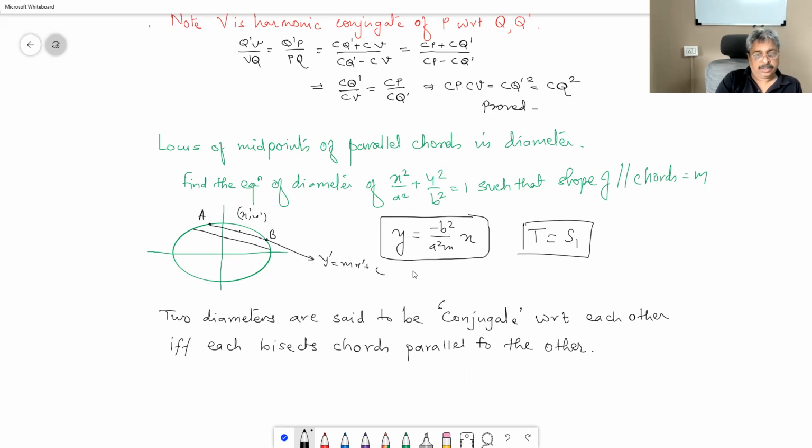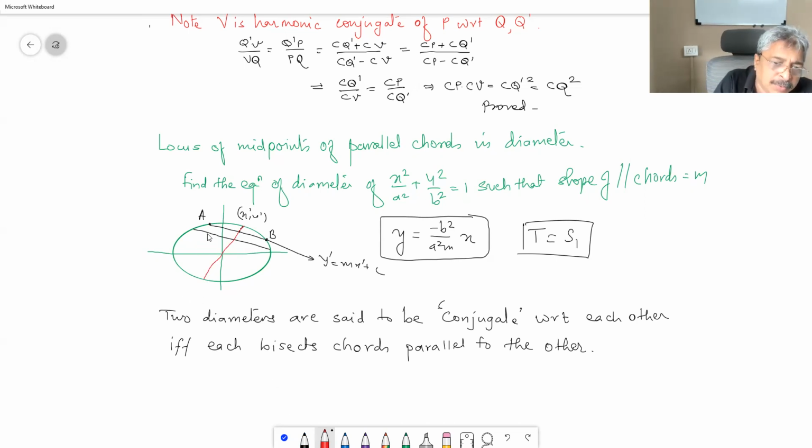So now in this diagram, suppose my diameter is the locus of midpoints, which happens to be like this. Suppose this is the diameter of AB.